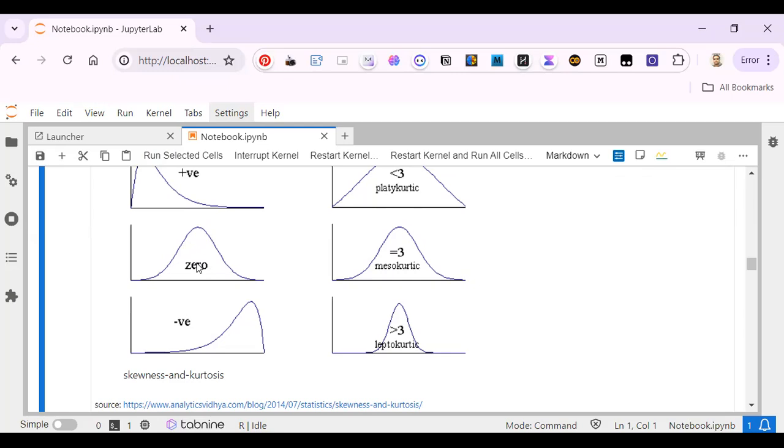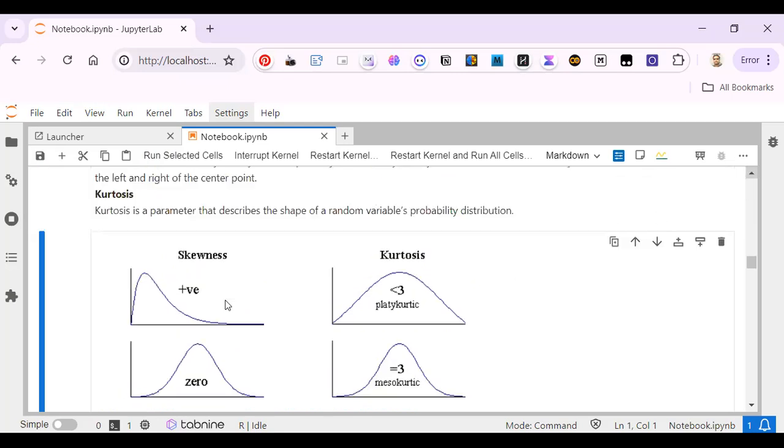You can find people of multiple ages: maybe five people of small age, five of old age, five of middle age, five of young age like 25 or 30, and five of middle age. In that case it might be zero. So this indicates positive, this indicates zero, this indicates negative. That is what skewness is.